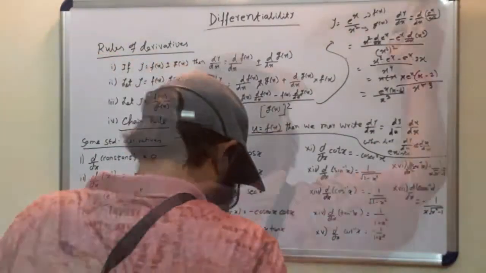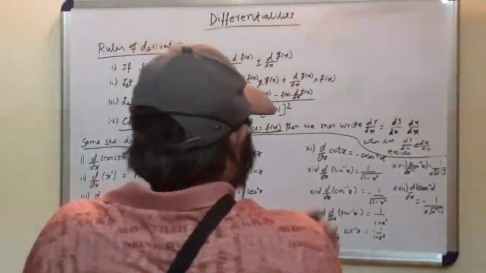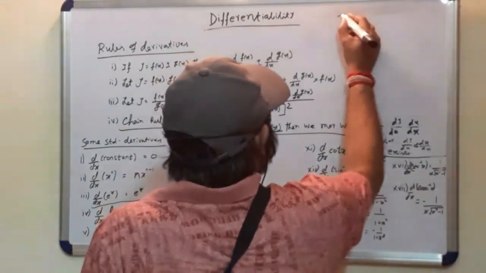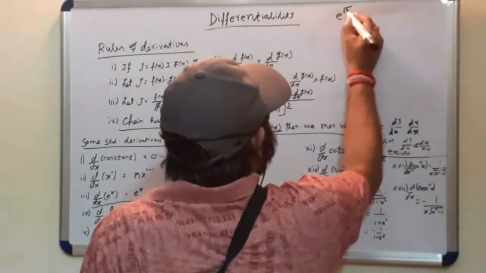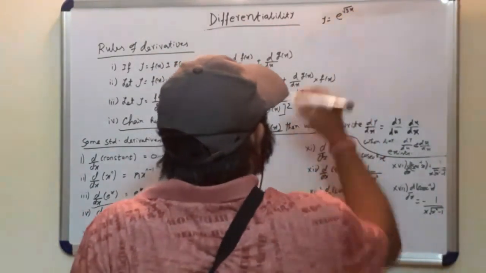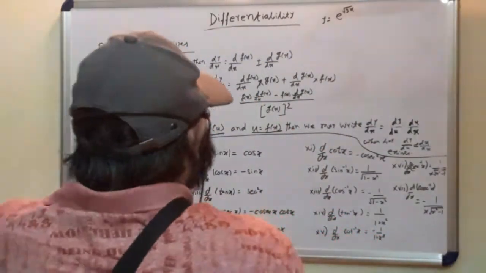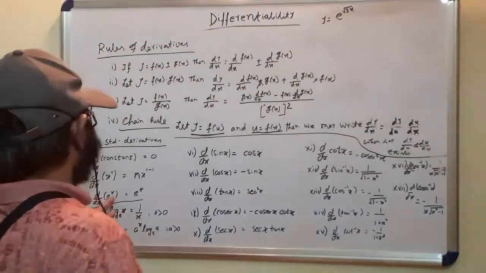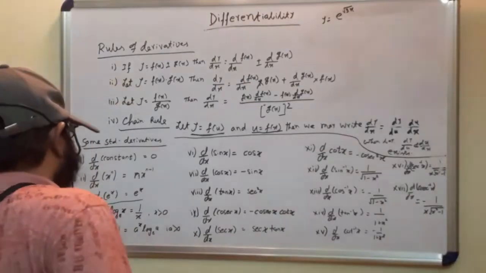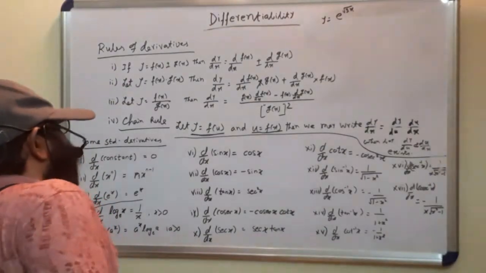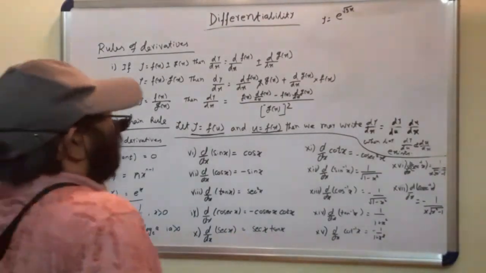Now I will tell about the chain rule. Say, let there be a function e to the power root over 3x. Now, we don't have any particular standard formula. We have the standard formula for e to the power x, but we don't have any standard formula for e to the power root 3x.